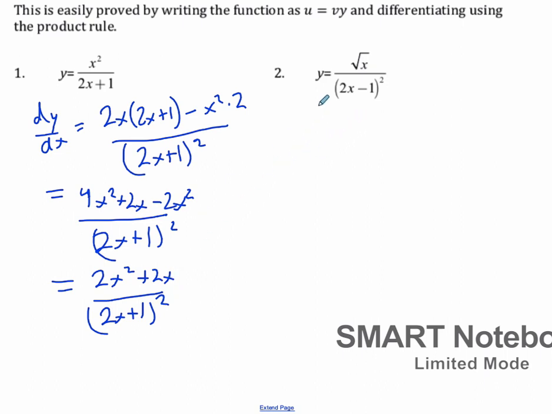Okay, and this next one, I'm going to rewrite this third as x to the power of half. And then we'll differentiate it.